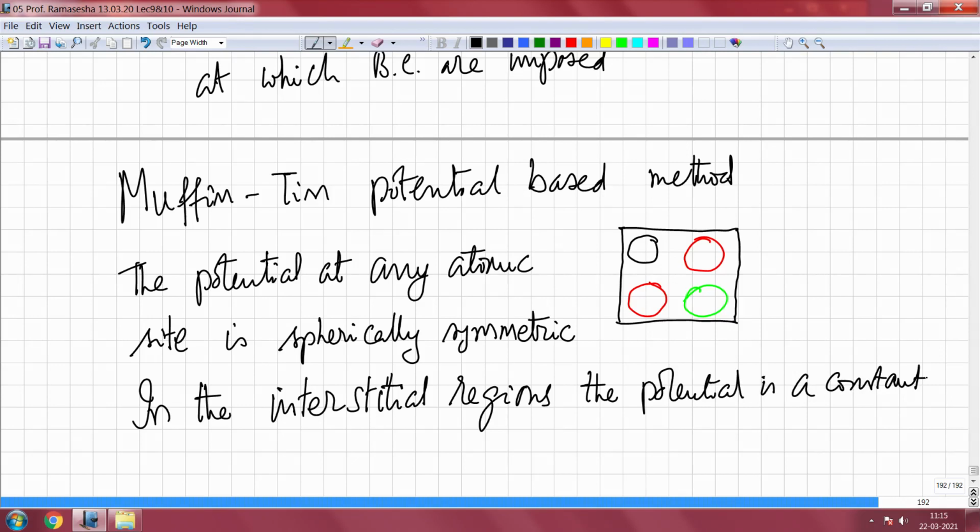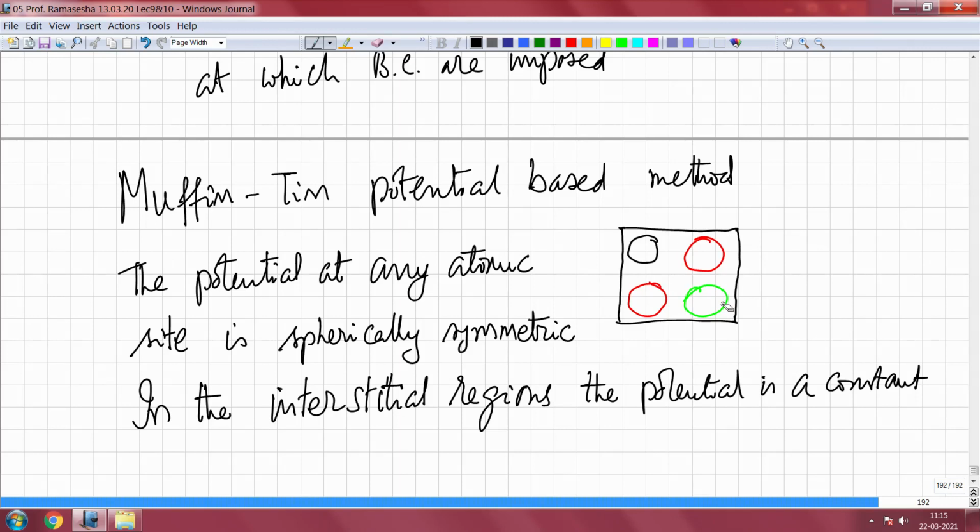So, you will have a 1 by r dependence near the atoms and a spherical dependence only on the coordinate r here, here, here and here, where r is measured from the center of the nucleus of the respective atom outwards. And in all the interstitial regions, the potential is a constant.